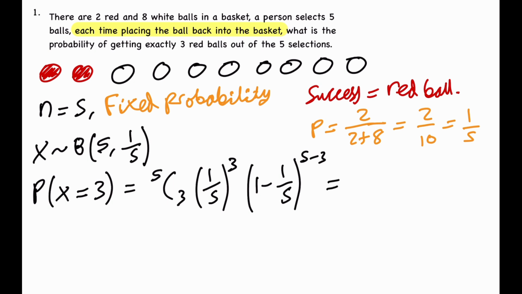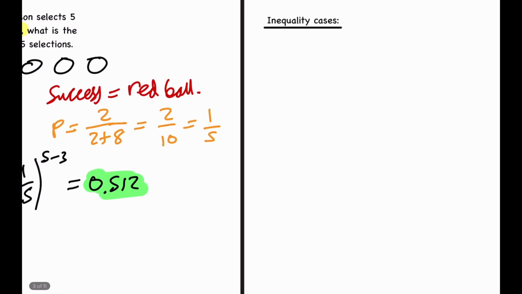And this is equal to 0.512. And this is the probability of getting exactly 3 red balls out of the 5 selections. If you don't know what the choose function is, I made a video on binomial expansions which explains it pretty clearly. So now let's move on to inequality cases.